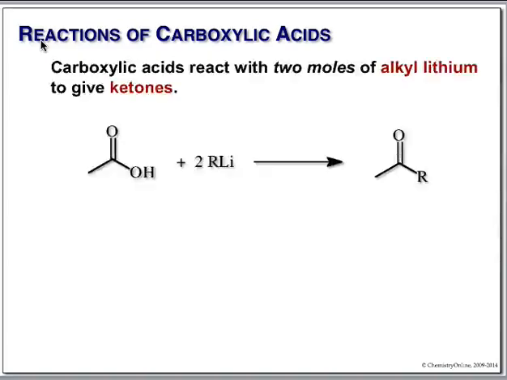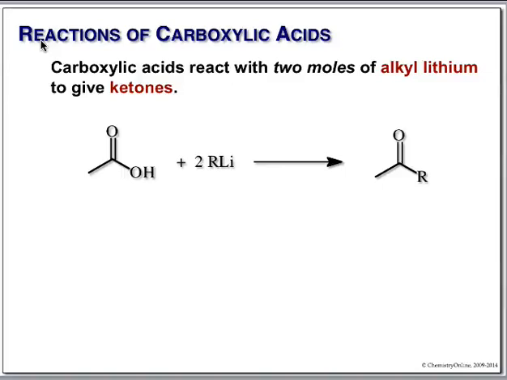All right, remember our alkyl lithiums. Remember we said this is a carbanion, isn't it? A carbanion can be a very good nucleophile, even if this is a really lousy electrophile.